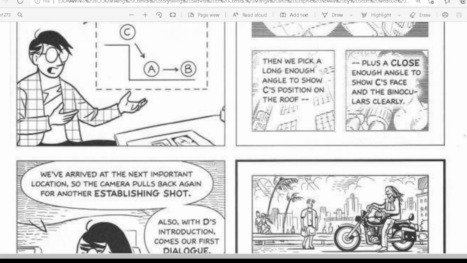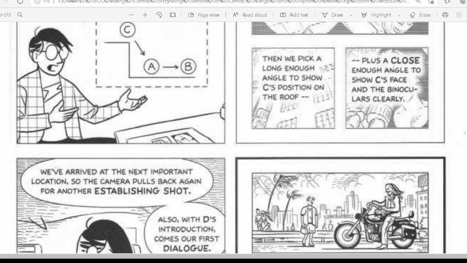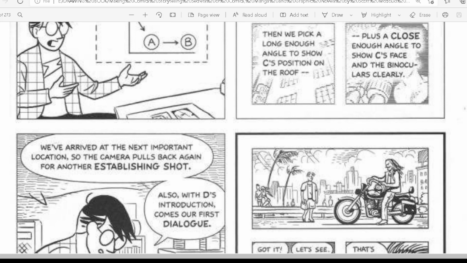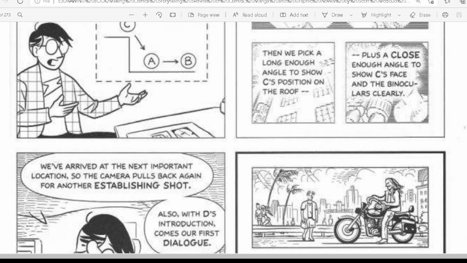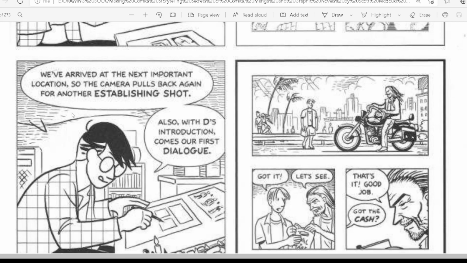So the author said we pick a long enough angle to show C's position on the roof. It is a nice way. And a close position is also necessary while introducing the character, and we should introduce her face. That's why we are making a close up camera angle, right?